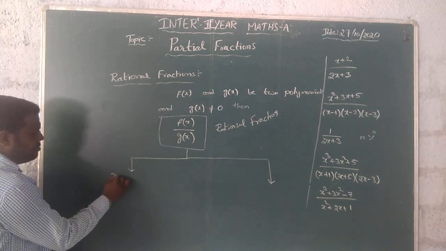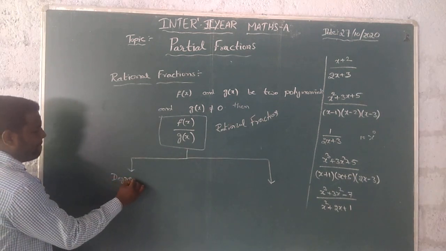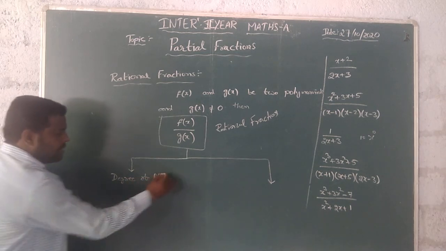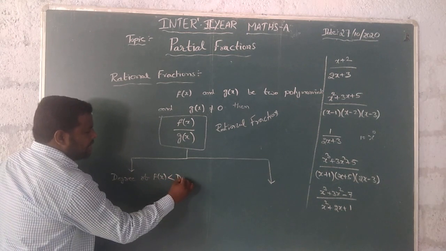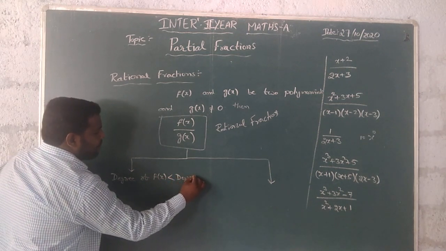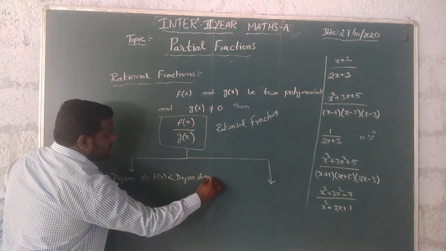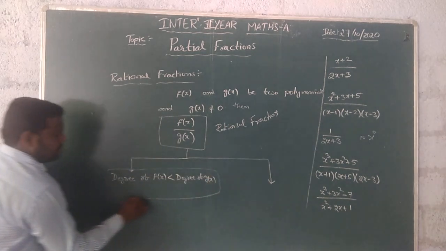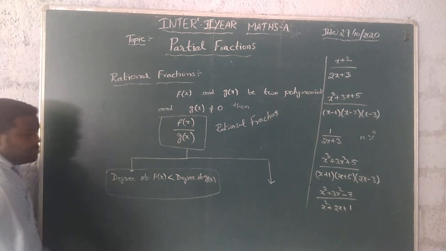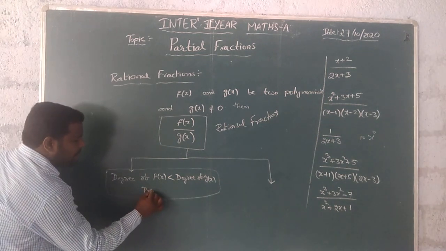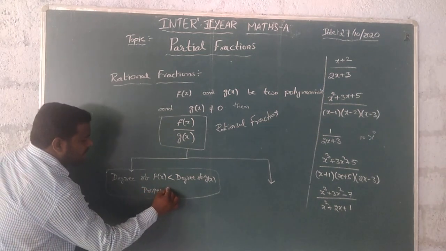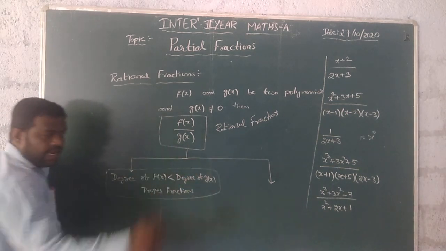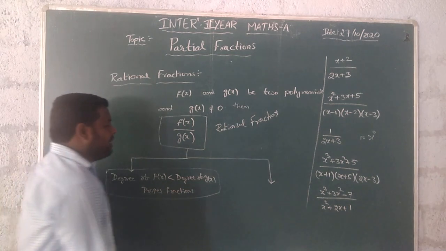First one, the degree of f of x, the numerator, is less than the degree of g of x. This is the first case. So these fractions are called proper fractions.